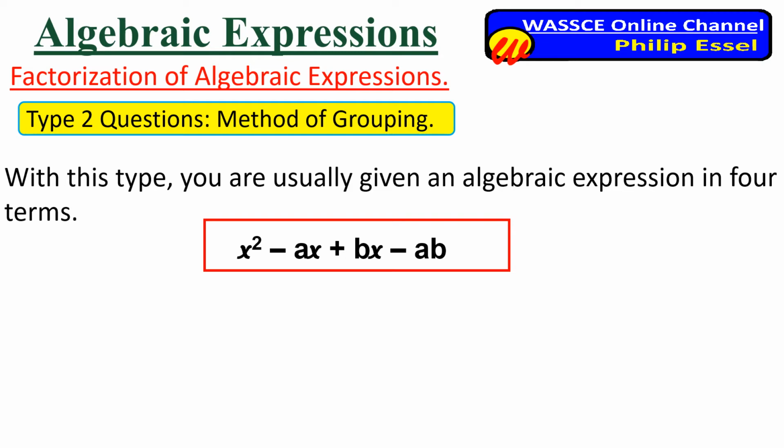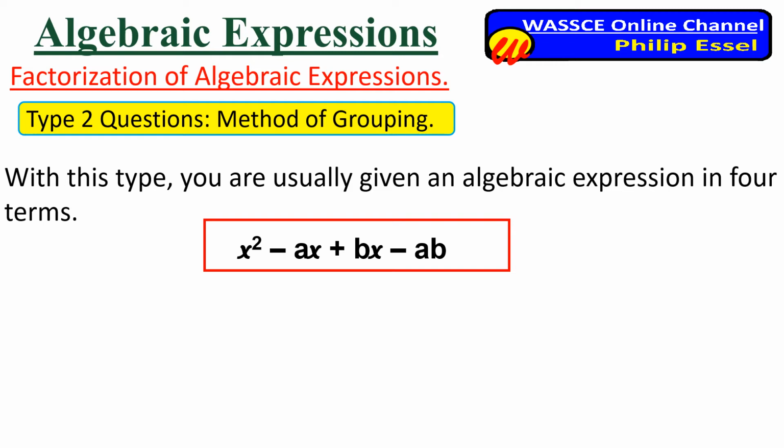Now for these types of algebraic expressions in 4 terms, when we try to factorize the entire 4 terms, usually we realize that you will not be able to get common factors. So for example, the item given to us right now, when you move through the 4 terms, you will never be able to come up with factors that are in all of the 4 terms.